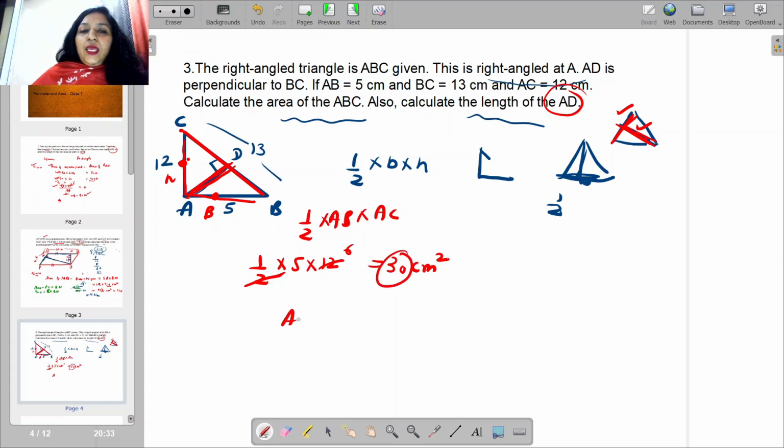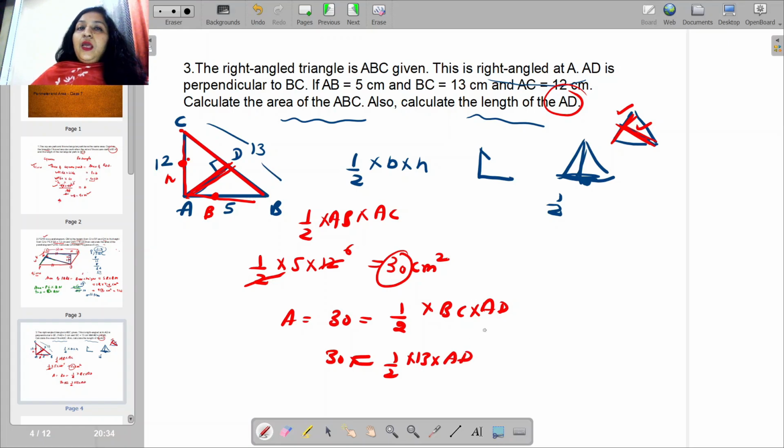Okay, so area which is 30 also equal to half into BC into AD. अब यहाँ पर BC हमें already given है, that is 13. So 30 is equal to 1/2 into 13 into AD. Use the transpose method. 2 is dividing on one side, on the other it will multiply.